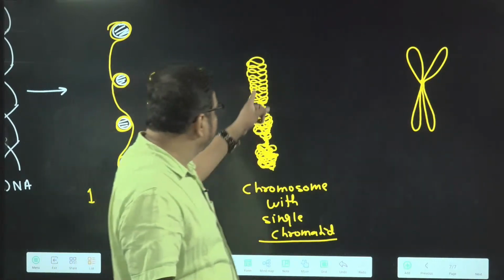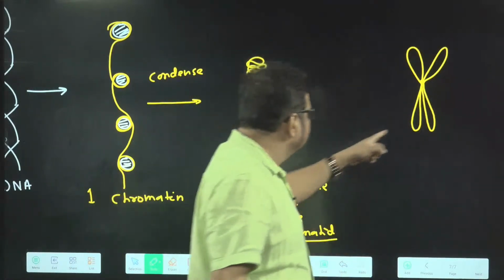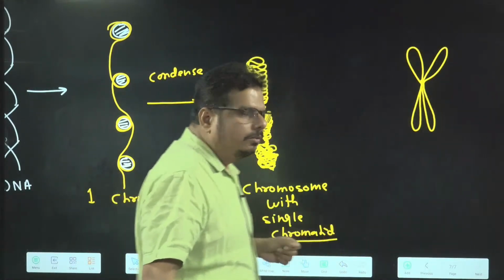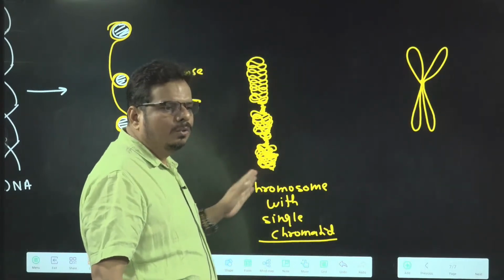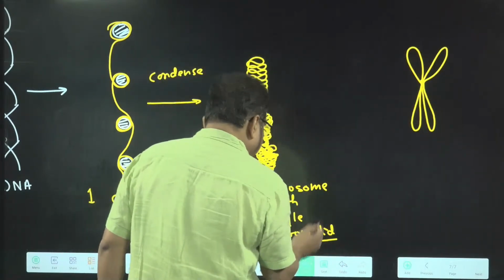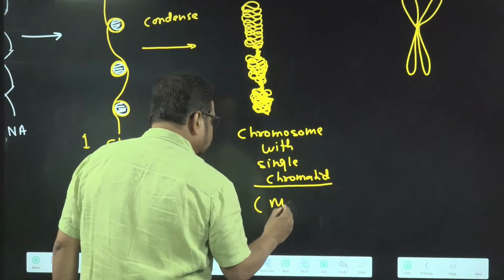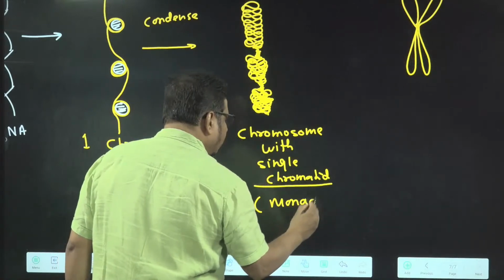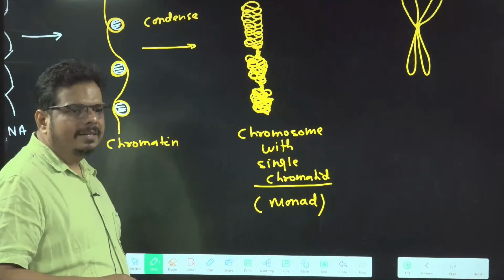And when you say this one is a chromosome, they ask how it is a chromosome, sir, here it is two chromatids. So we can also say it is a chromosome with single chromatid. And this condition is called monad. Understanding the idea?